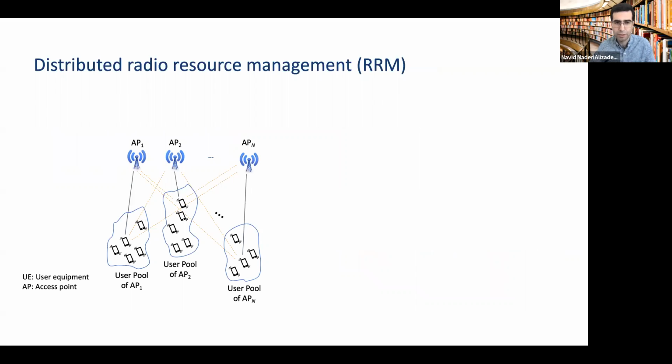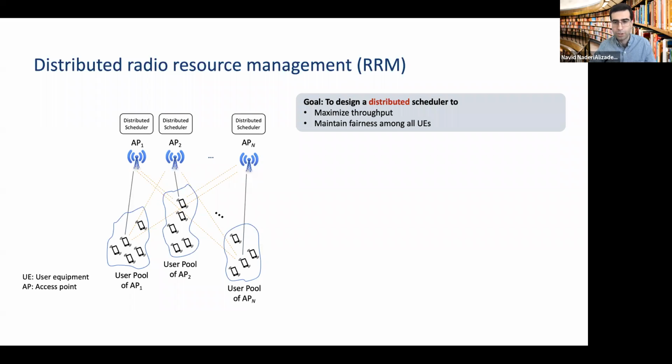And just to briefly go over the problem statement again, we have a set of access points and a set of users. Let's assume that the user pools are already separated or partitioned between the different access points across the network. And then, as I mentioned, we want to have a distributed scheduler at each access point, where the goals are similar. We want to maximize the throughput.